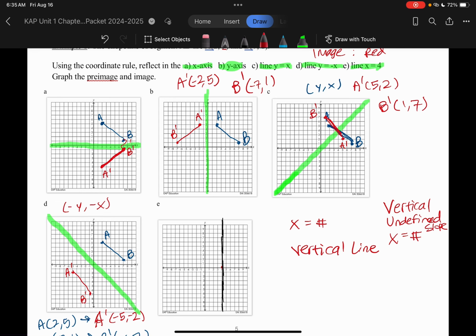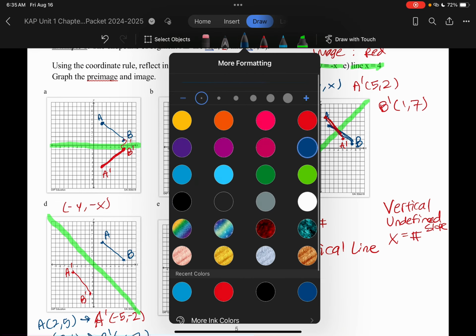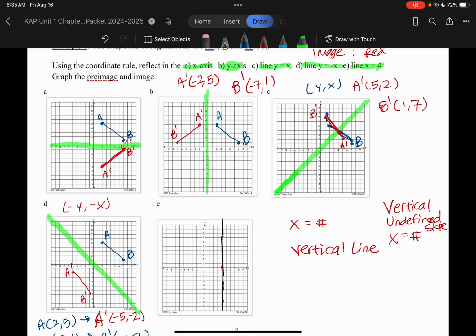So A is at 2 comma 5, 2 comma 5. B is at 7 comma 1. Okay, so here, because this is a vertical line, I can simply just count. I don't have a rule for reflecting over x equals 4, so we're going to use the equidistance property that we have for reflections.